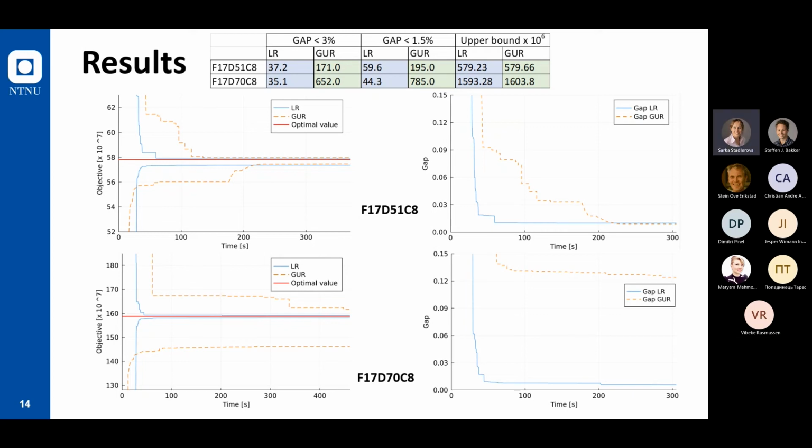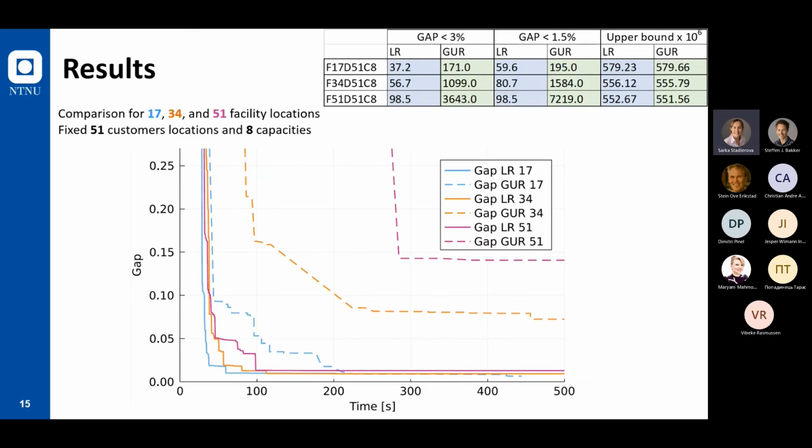And now the last comparison to show the advantage of our algorithm when the problem size increases. We have a comparison for 17, 34, and 51 facility locations, and for fixed 51 customers and 8 capacities. So here the blue line is the same problem as on the previous slide. We are better just at the beginning.